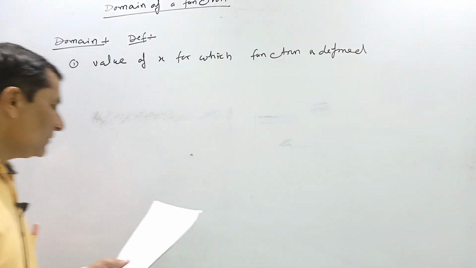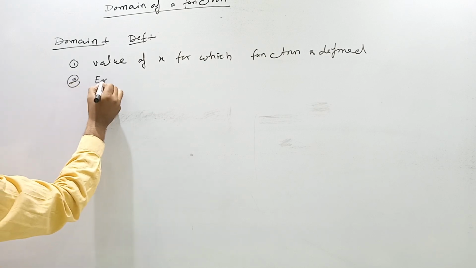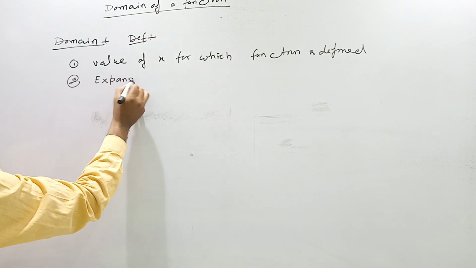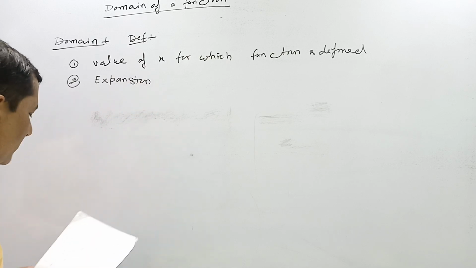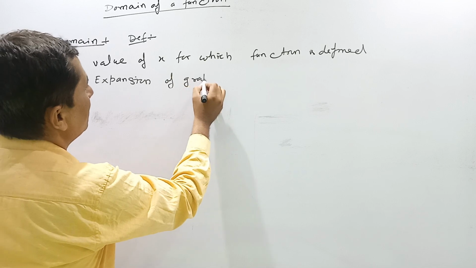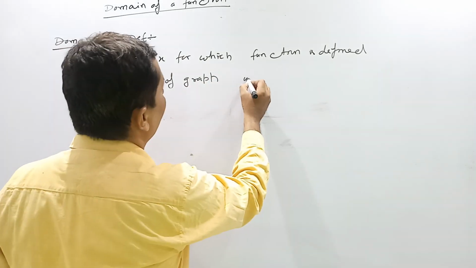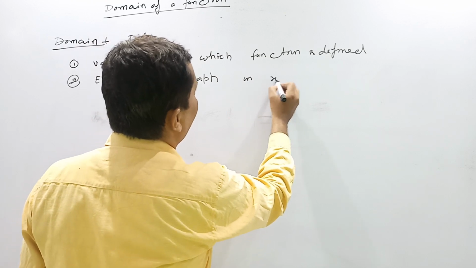Understand, beta? Second, expansion of graph on x-axis.